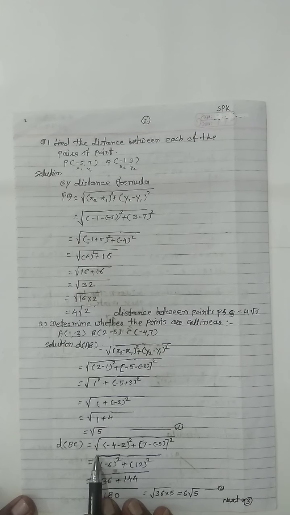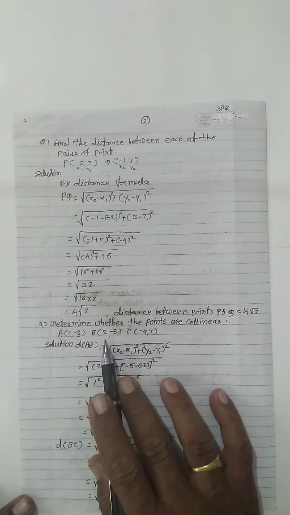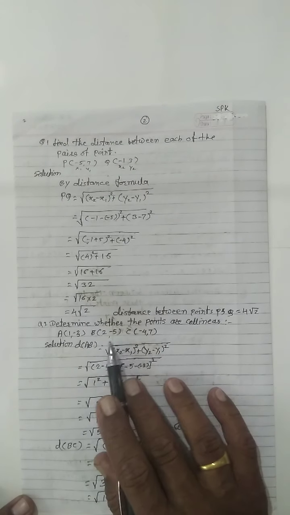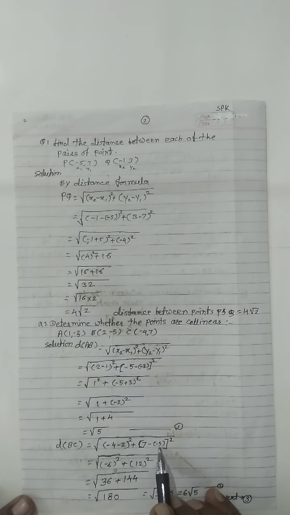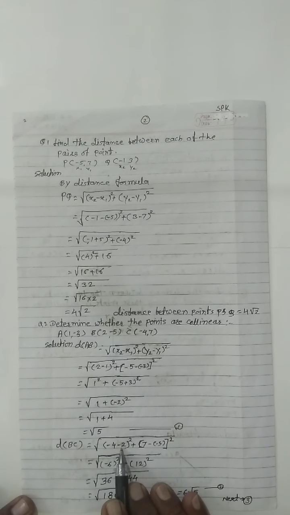Now the distance BC equals under root, that is x2, (-4 minus 2) square plus (7 minus 5) square. Then -4 minus 2, we take the addition of these two because both are negative, so -6, bracket square, plus 7 minus, we get here plus, so 7 plus 5, that is 12, square.